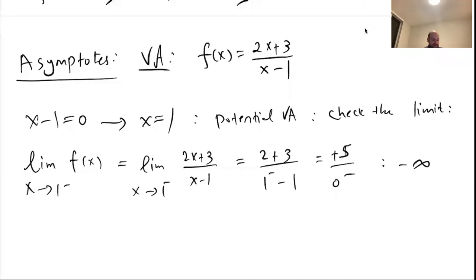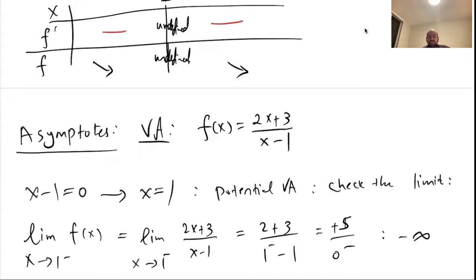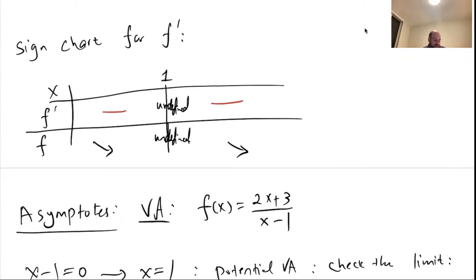See, let me explain why I had a pause here. I knew that there should be something wrong. How did I know that? Because I looked at my sign chart. It's saying that the function is always decreasing. So if the function is decreasing before 1, it cannot go to plus infinity because you cannot decrease to plus infinity. It can go to minus infinity.